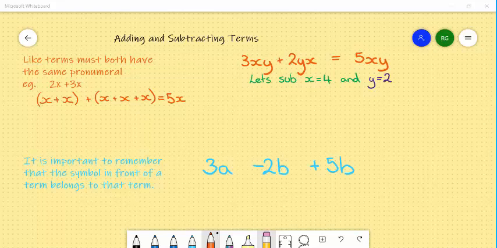It doesn't matter when multiplying what way round you put the pronumerals. As 3 multiplied by x multiplied by y is a like term to 2 multiplied by y multiplied by x, because they can both be written like this.